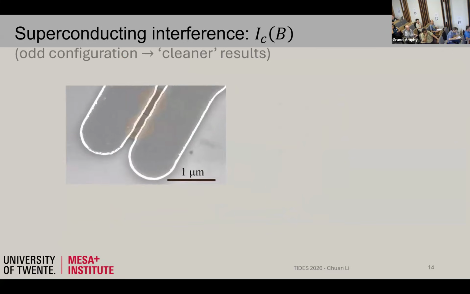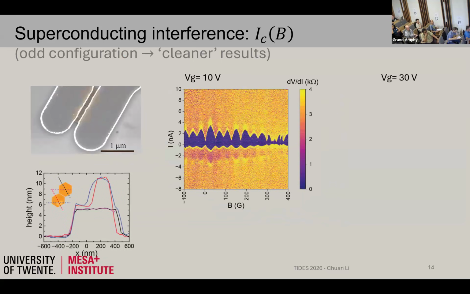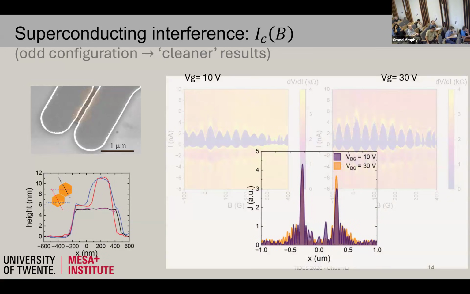And in another device, which looks a bit funny in the profile, but we believe at the end we just measure one of the two flakes, because another one is much thinner. We see this: a much stronger Fraunhofer pattern behavior, and you can tune it with the gates. And then if you do the Fourier transform, it gives you very tiny, very sharp density of currents at the edges.